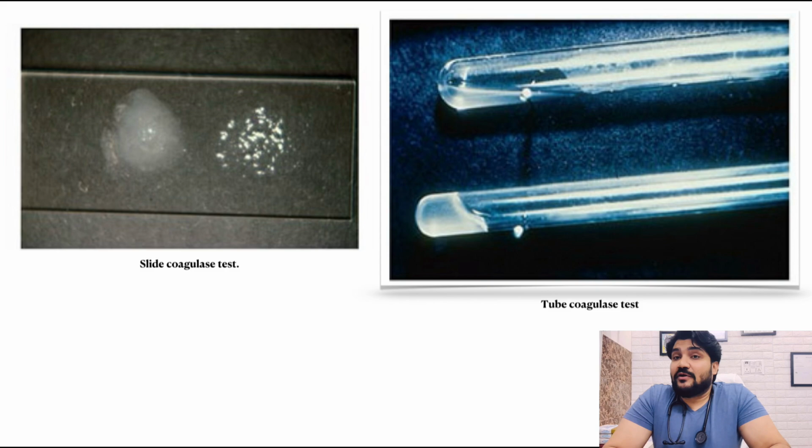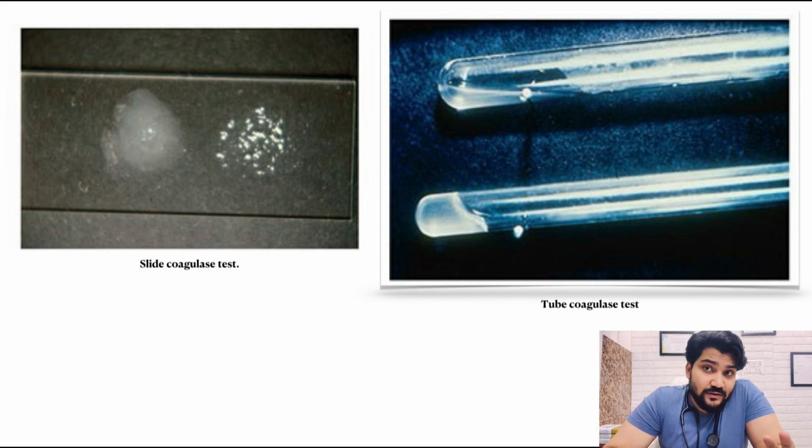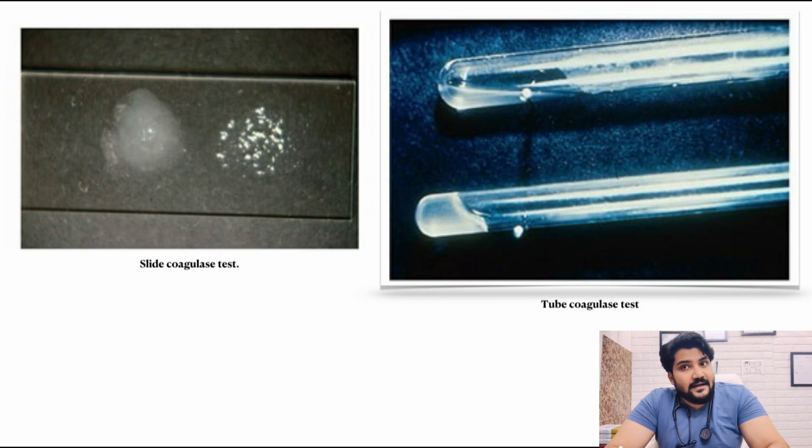So now the second important differentiation. In the Staphylococcus family, the most common and most important Staphylococcus is Staphylococcus aureus, because it is very lethal. And there are other Staphylococcus also, which we call coagulase negative Staphylococci.